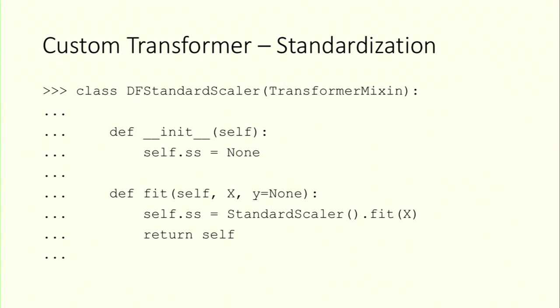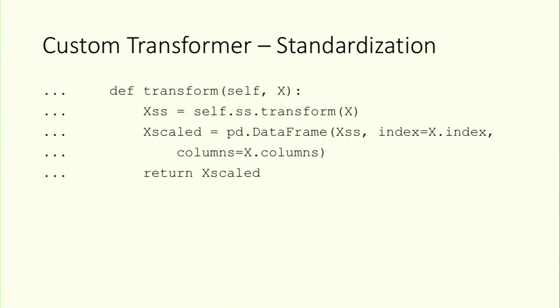And here's the standard scaler. The standard scaler is one of those transformers that returns a NumPy array, so we'll just wrap it with a custom transformer. We'll create a field for that standard scaler to live in. For the fit method, we'll just fit it and save it. And then for the transform method, we'll transform with that internal standard scaler and then put the index and the column names back on.